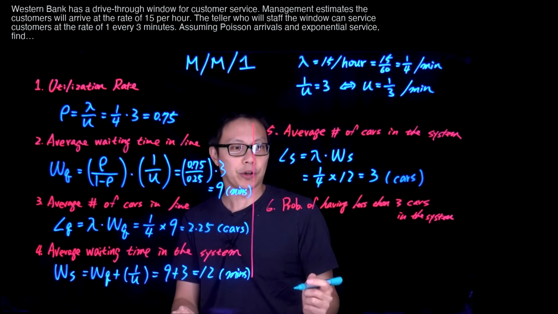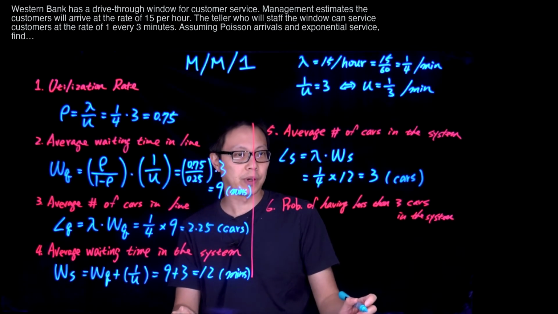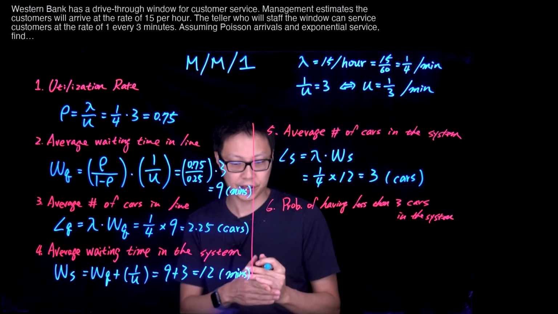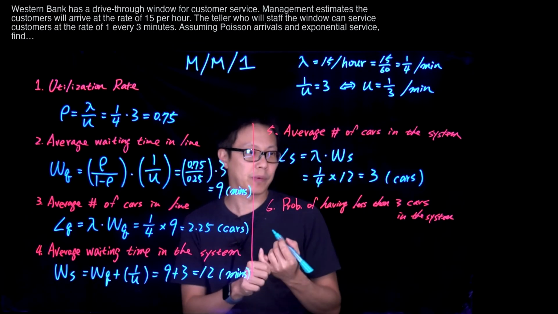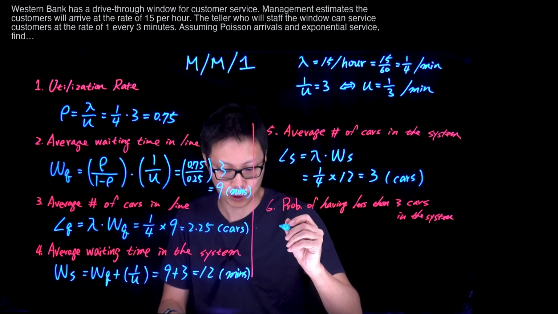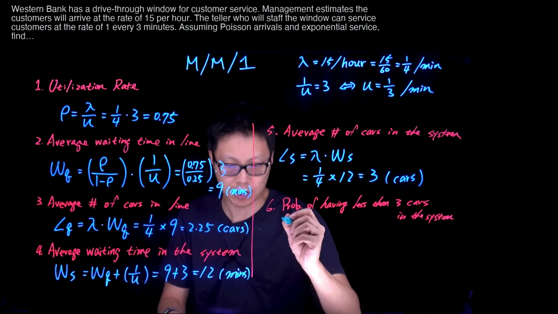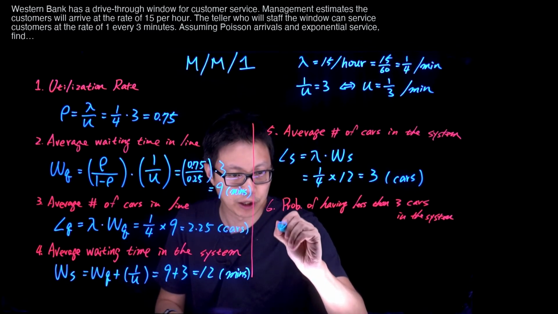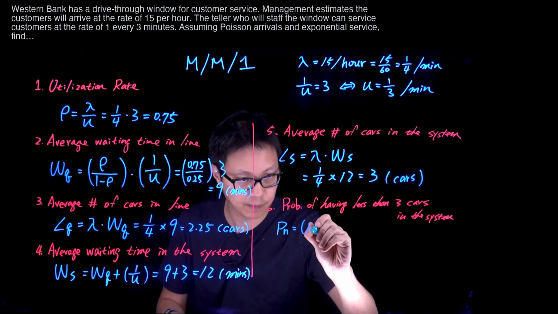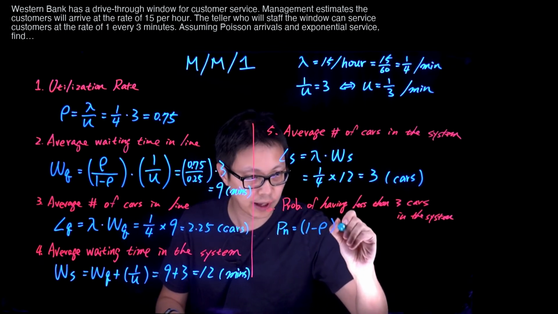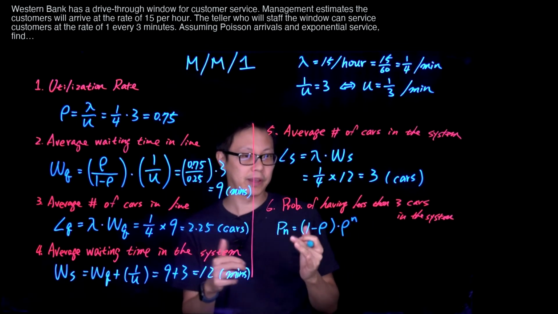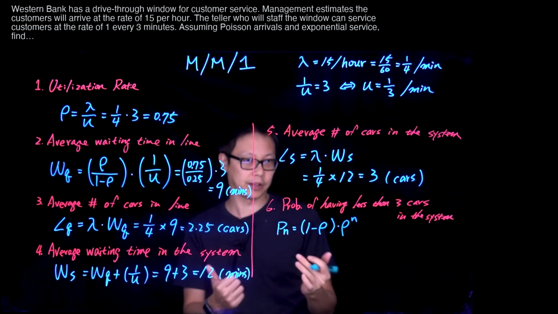Finally, for the M/M/1 queue, we can also calculate the probability of having a certain number of cars in the system. So if we want to find the probability of having less than 3 cars in the system, let me write down the formula first. We denote Pn equal to 1 minus rho times rho to the power of n, and Pn will be the probability that you have n cars in the system.